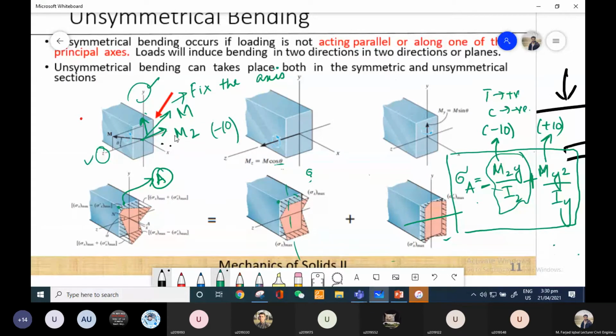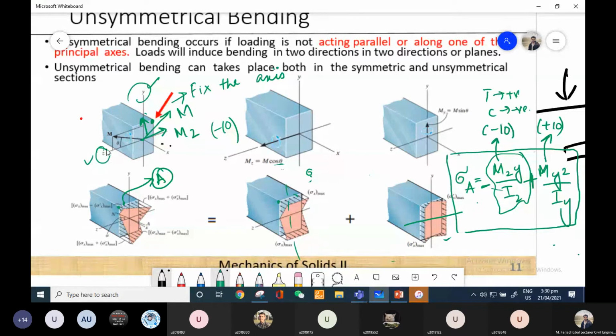Now in the same way with the y or z distances, if my point is located somewhere on the right side, I again have to see if it is in the positive y direction or positive z direction. If I see the z axis, this point A is in the negative z direction, so I have to put in negative 5 if the distance is 5 millimeter or something like this.